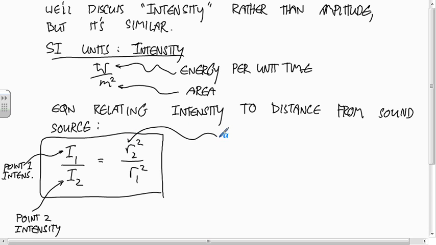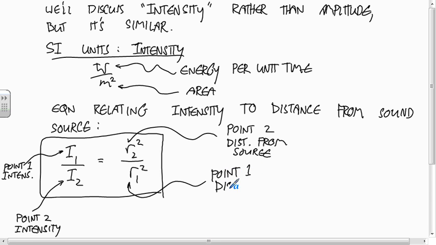R2 is the point 2 distance from the sound source, and R1 is the point 1 distance from the source. Okay.